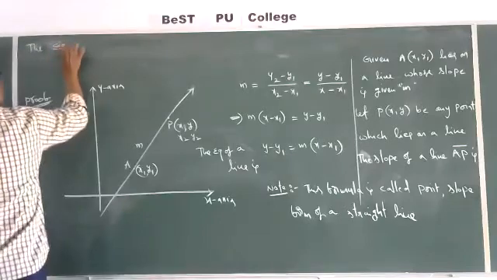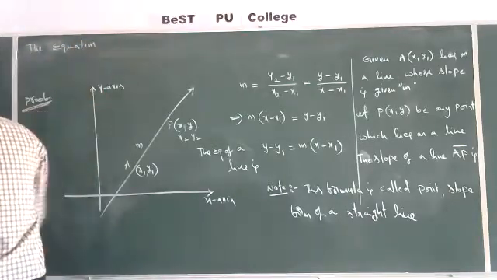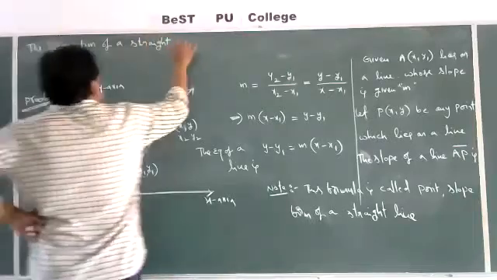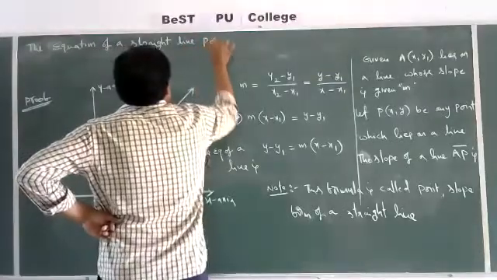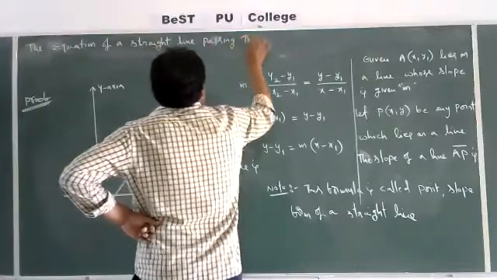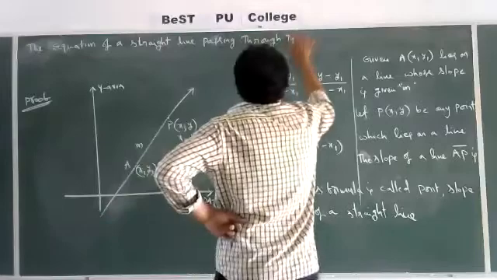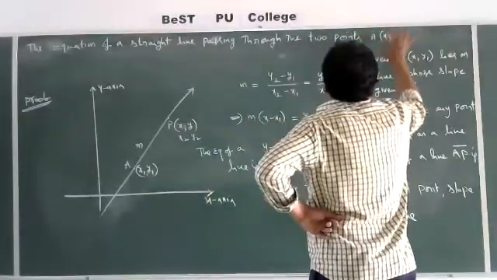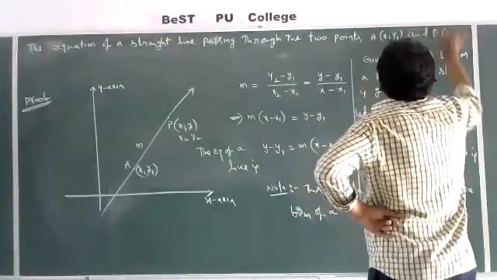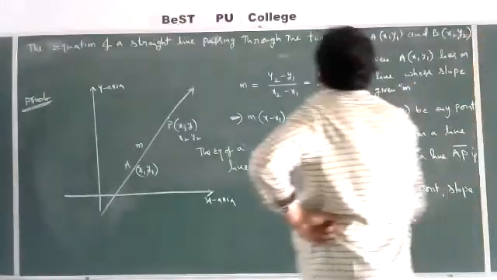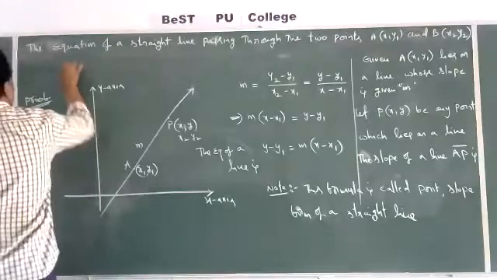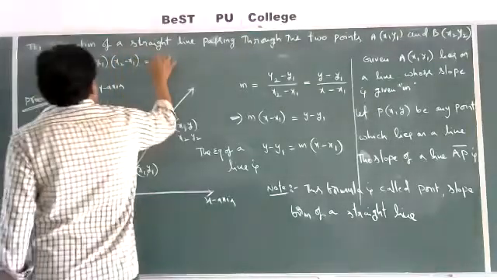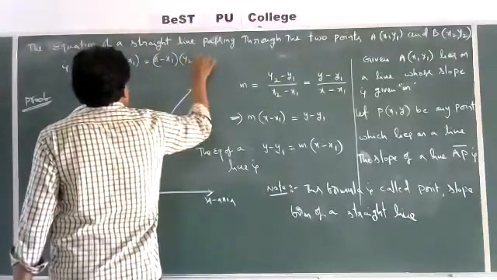The equation of a straight line passing through the two points A(x1, y1) and B(x2, y2) is (y minus y1) into (x2 minus x1) is equal to (x minus x1) into (y2 minus y1).